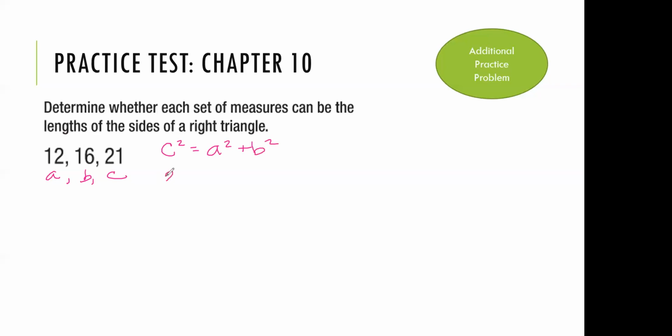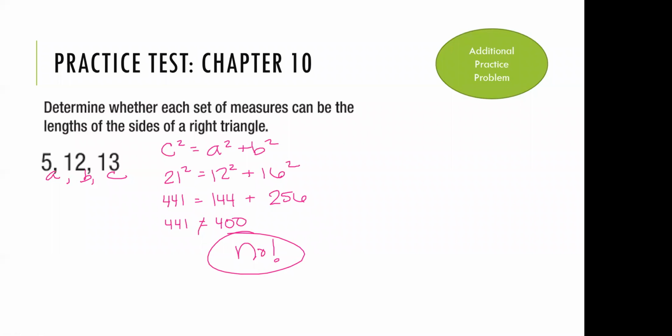So C is 21, A is 12, and B is 16. So 21 squared is 441, 12 squared is 144, and 16 squared is 256. That 441, and if I add 144 and 256, I get 400, and that is obviously not equal to each other, so no, this is not going to be a right triangle, okay?